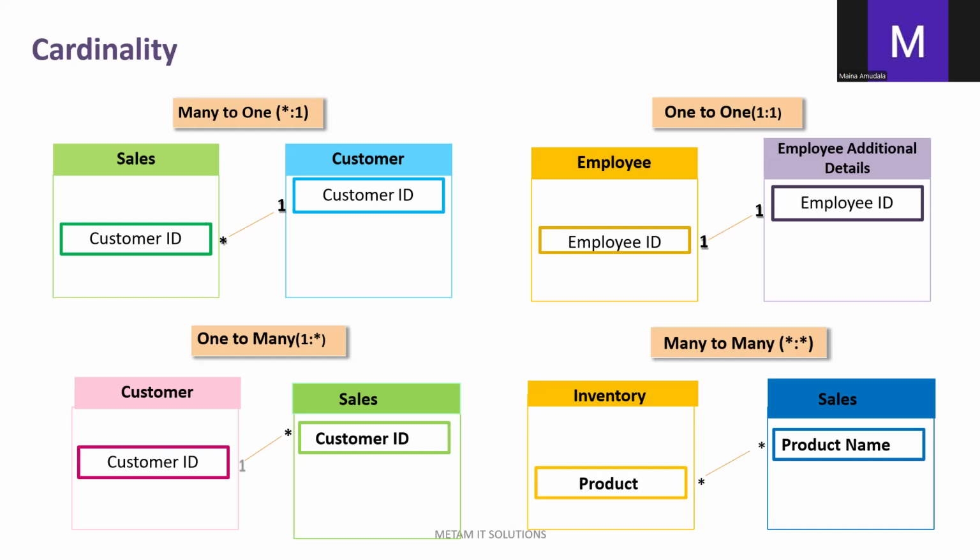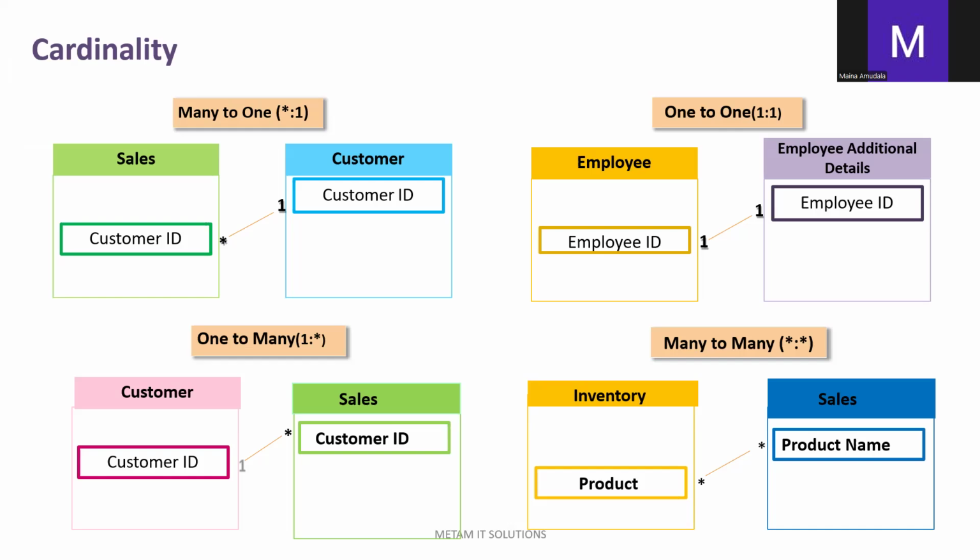In the sales customer ID there are many instance values, and the customer table has only the one value. So we can call it many to one cardinality.